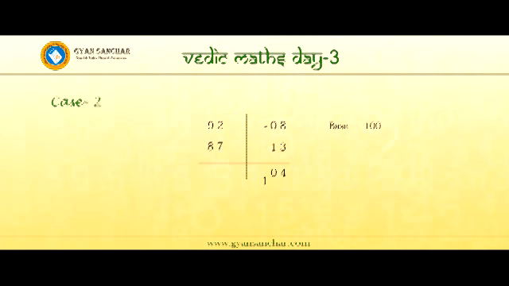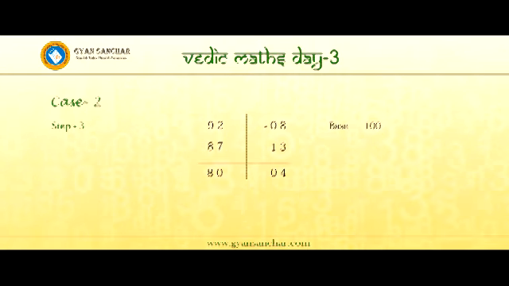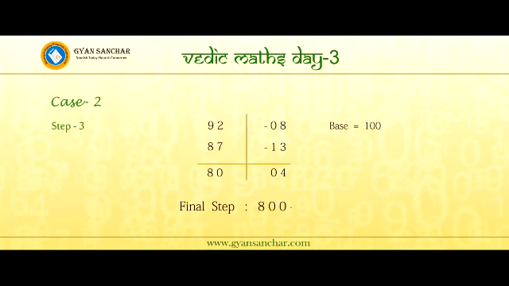So our final RHS is 04. Step 3. The LHS comes out to be 79 by adding either 92 and -13 or 87 and -8. We get the final LHS 80 by adding the carry forward of 1 from RHS to 79. Final step. The net result is 8004.